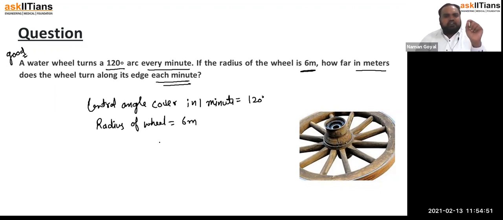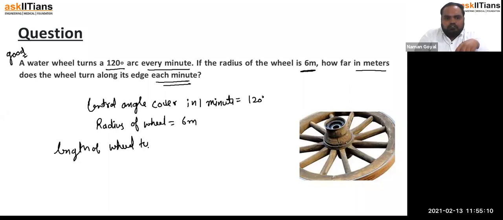See, the central angle covered in 1 minute is 120 degree, and the radius of that wheel is 6 meter. Now the question is asking how far in meters does the wheel turn along its edge? So the length the wheel turns along its edge in 1 minute is what?